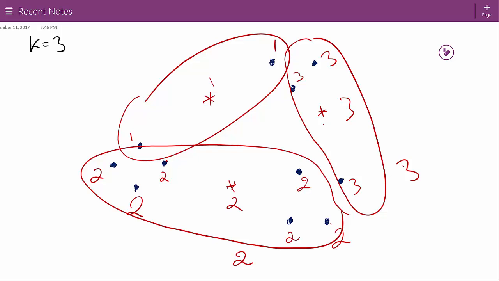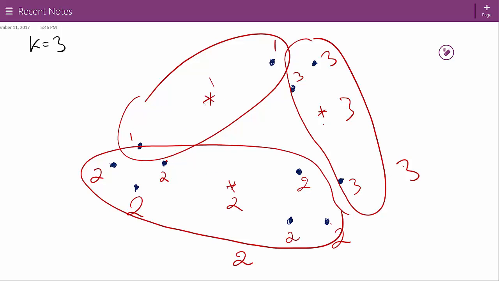And after that, now I have updated my cluster centers, right? So after that, I'm going to recompute the distances between all points and my new clusters again, okay? So here, for this point, I believe it's still 1, right? So this one is still 1. Number 2, probably it's still 2, right?